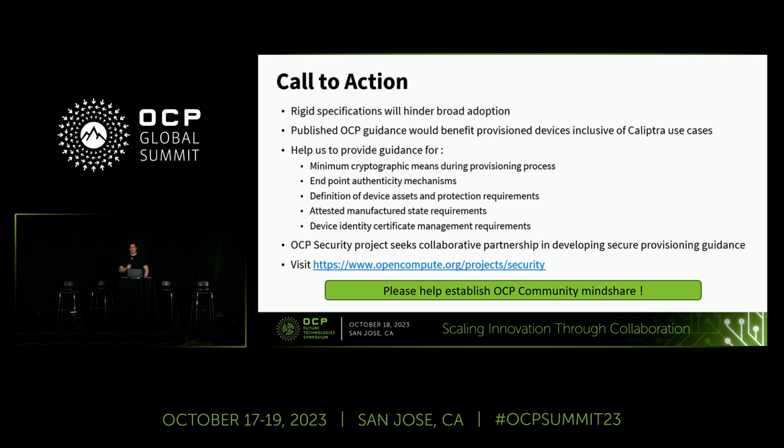So whether that's cryptographic algorithms or requirements on securing a provisioning service, HSM, or requirements for what the device has to present in order to prove that its identity is correct in the first place.